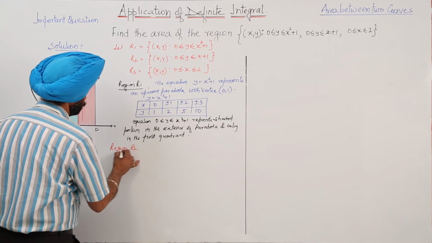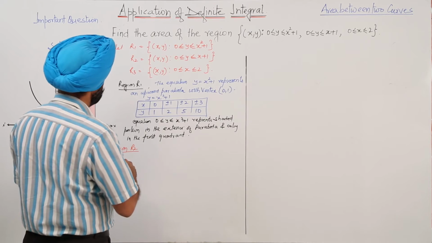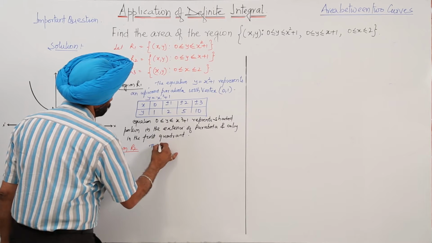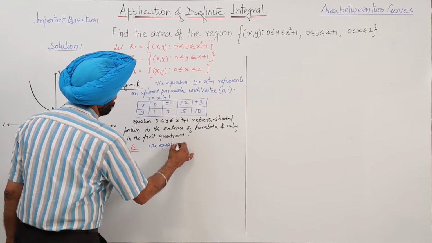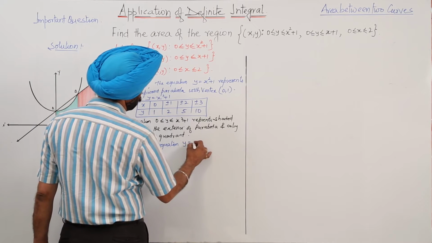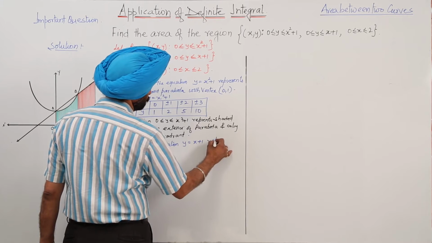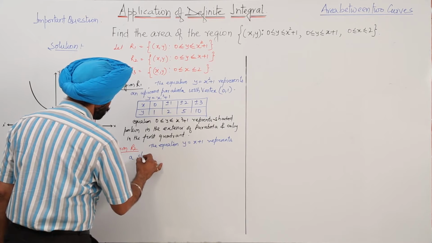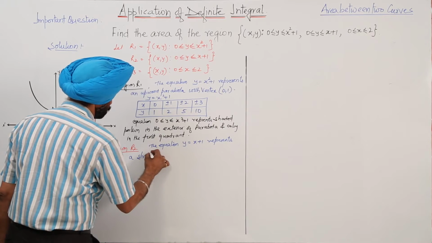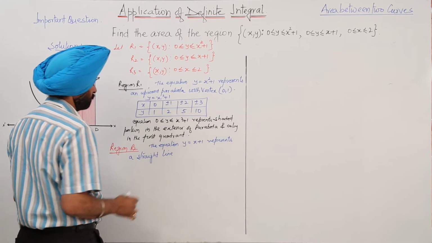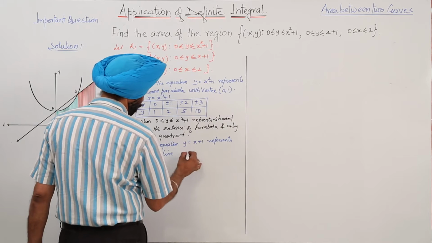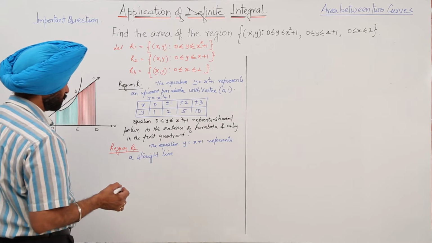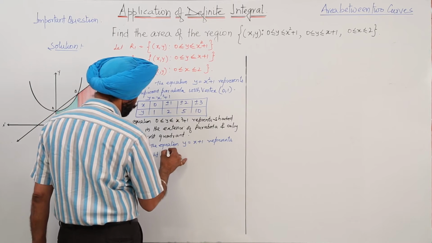Now, region R2. The equation y is equal to x + 1 represents a straight line, okay.